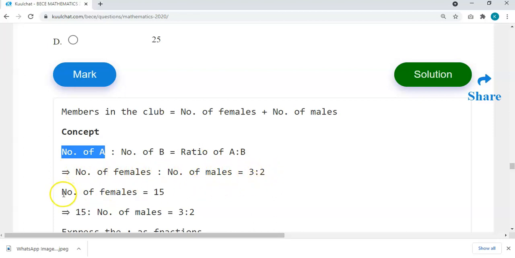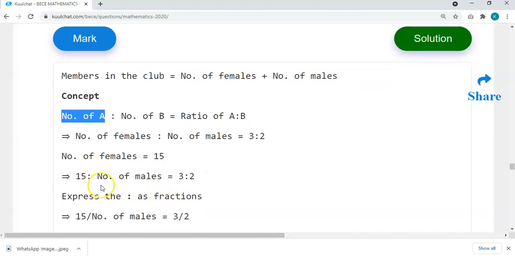Okay, so here we know the number of females, which is 15. So we have 15 over number of males equal to this ratio. In this way of solution, it wants to calculate the number of males, then add the 2 to be able to get the total number of people in the club.